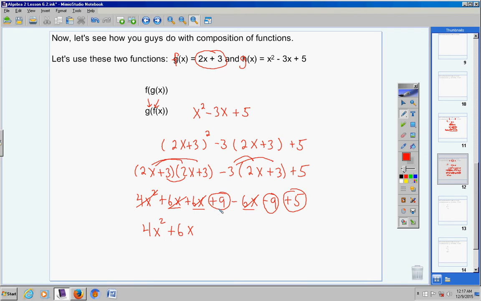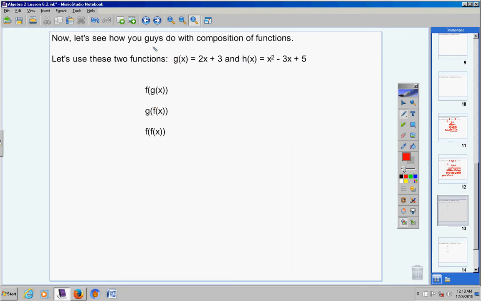Now, positive 9 and negative 9 would cancel out, leaving you with positive 5. So there we go. You just found g of f of x. G of f of x. Okay? Alright, let's practice 2 more of these. How about f of x?